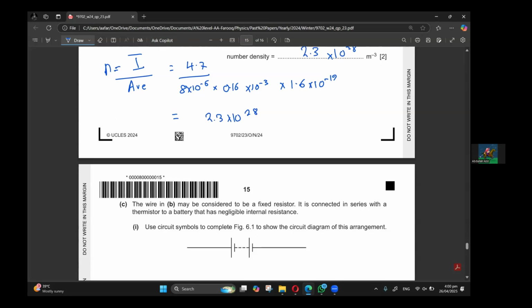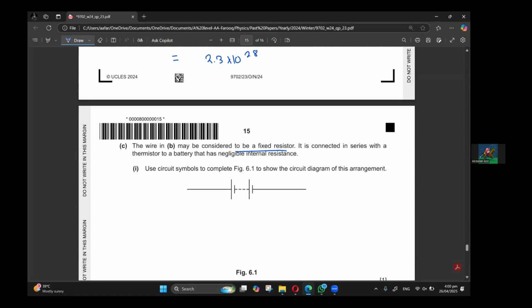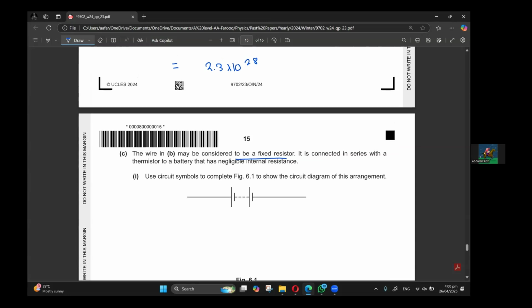The wire may be considered to be a fixed resistor. It is connected in series with a thermistor to a battery that has negligible internal resistance. Use circuit symbols to complete the circuit diagram in Figure 6.1. The symbol of a fixed resistor is an empty box, and for the thermistor it is an empty box but with this symbol.